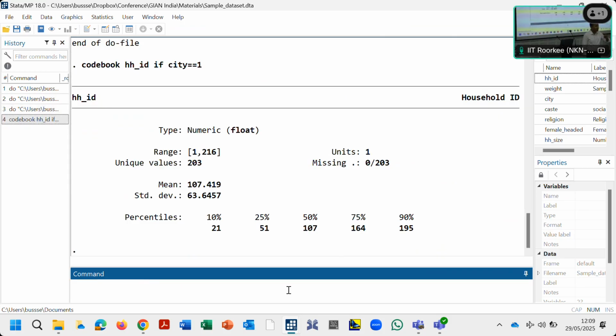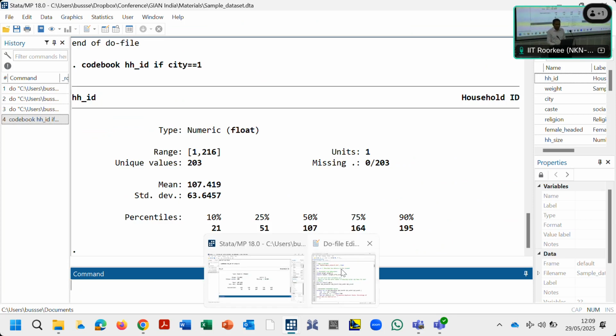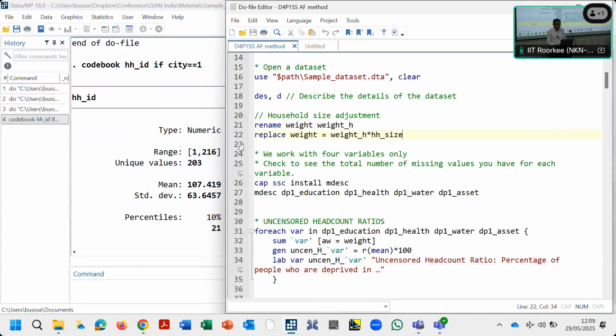So from this household level data set, if you want to have a population level estimate, you have to multiply the household weight by the household size, because different households may have different sizes, right? So this is what I do in line 21. We had this original weight variable, which I rename as household weight.